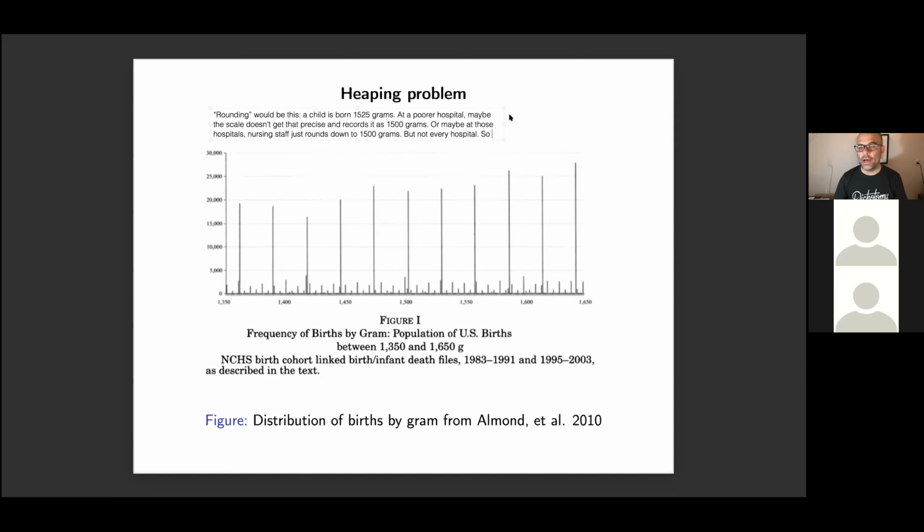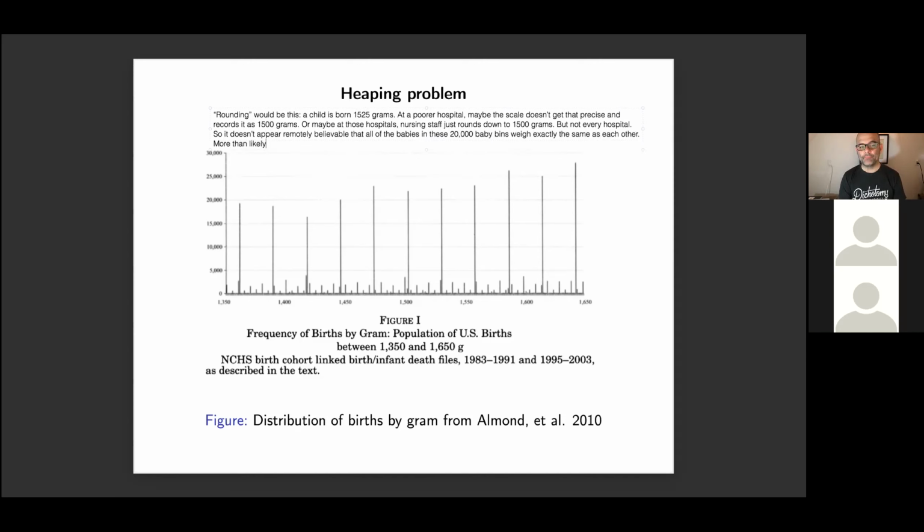So it doesn't appear remotely believable that all of the babies in these 20,000 baby bins weigh exactly the same as each other.